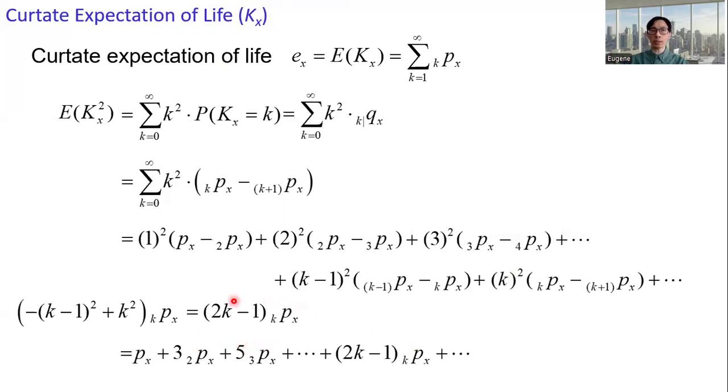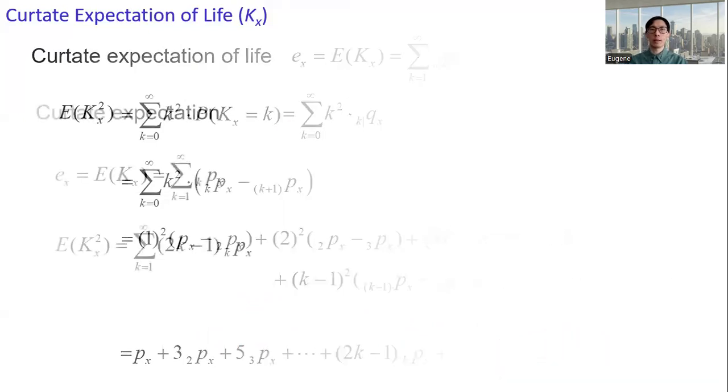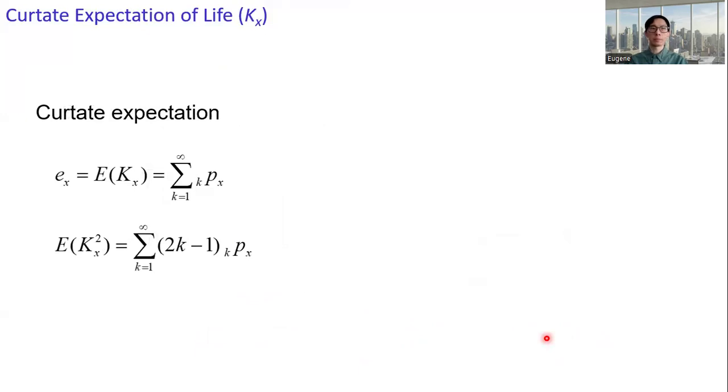The general term is 2k minus 1 times kpx. And this equals the summation of 2k minus 1 times kpx, k equals 1 to infinity. This is the expression for the expected value of Kx squared. And from that, we can get the variance.